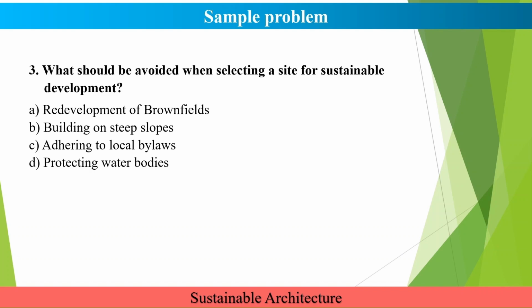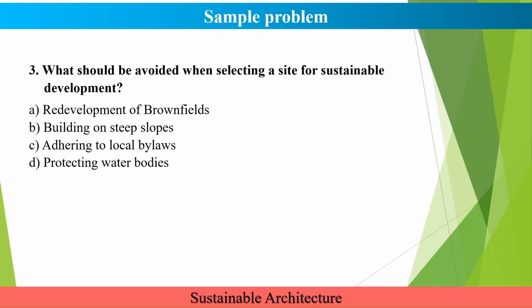It is asking what should be avoided when selecting a site for sustainable development. Two, Trisha and Payal, have answered B. So B is the right answer for this one.